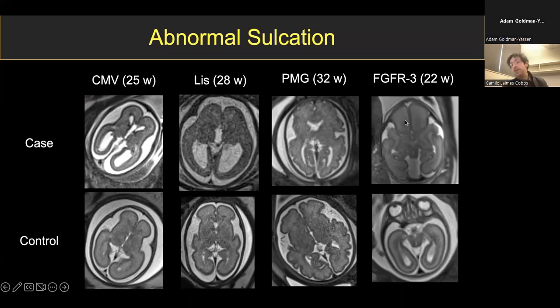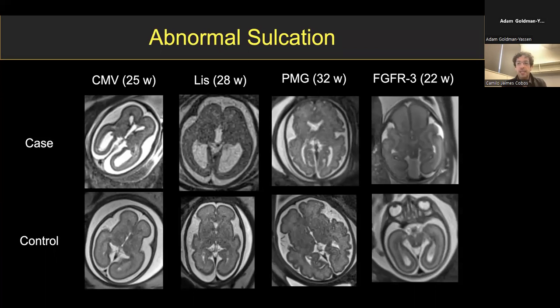And then if you look just underneath it, you see that this cortical mantle has increased frequency of the gyri. And one of the conditions that I find very fascinating, sulcation can also be abnormal if there's too much of it. So this is an FGFR3 mutation. This is a patient with thanatophoric dysplasia. In general, I would say our body colleagues are all over it because the long bones are very short and all the features are there.